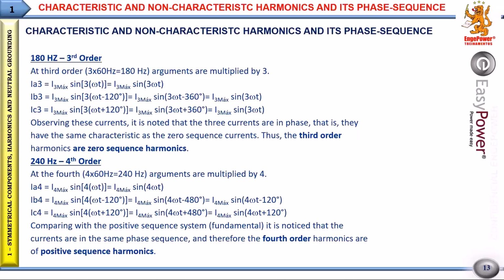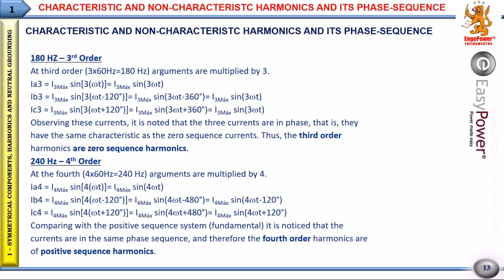When a third order harmonic reaches the neutral point of a transformer or a generator, the summation of the currents will not be 0, but they will add up.